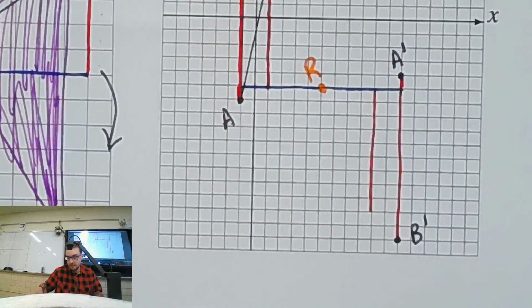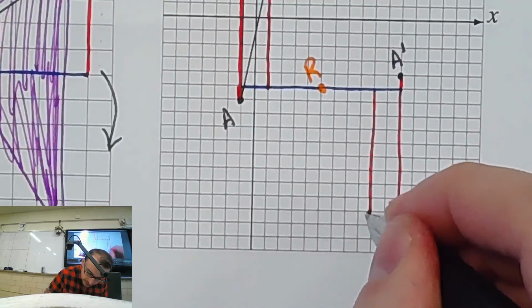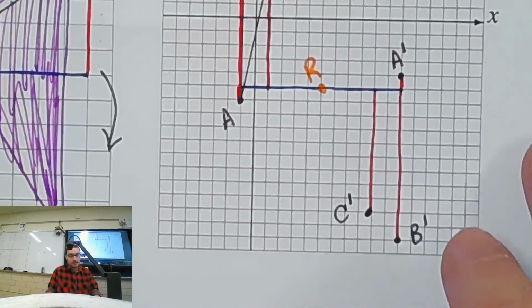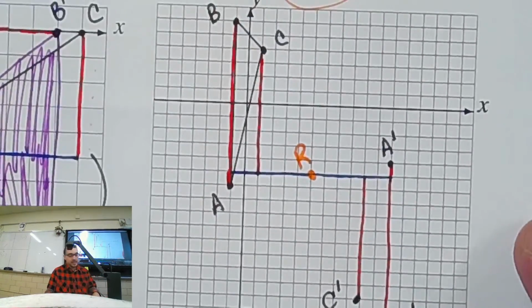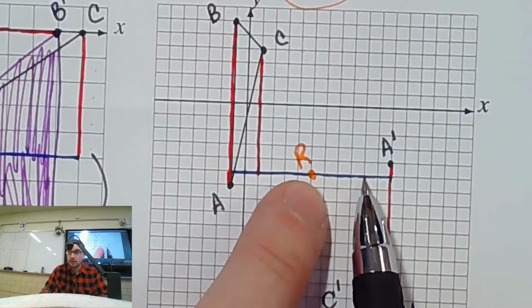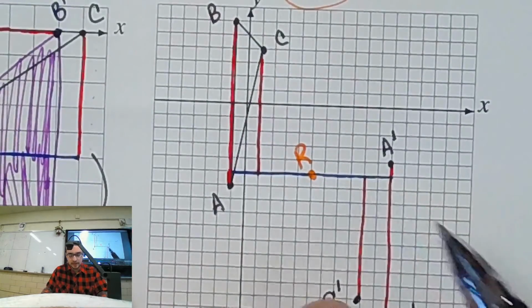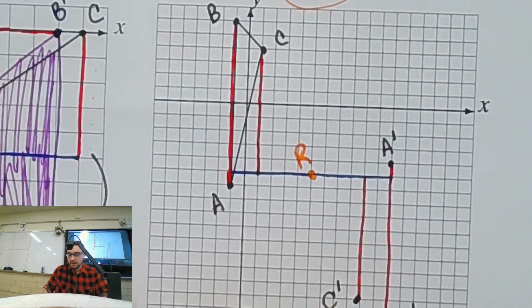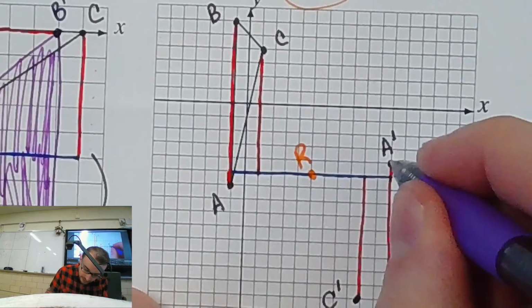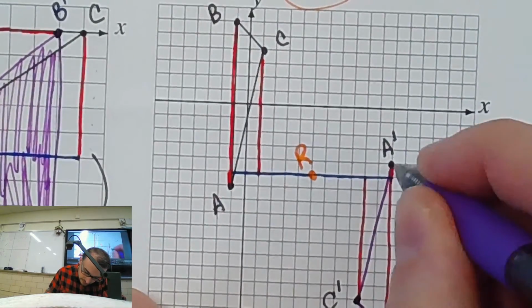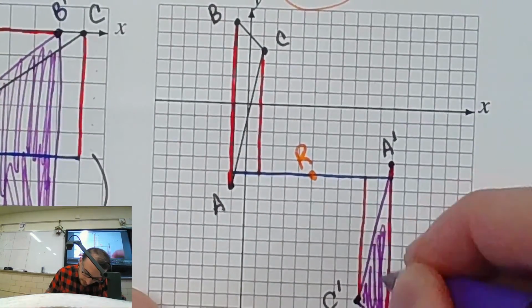So 2 less than B. There's C prime. Again, the idea, 4 to the left becomes 4 to the right. All that up becomes all that down. 9 is the number. Now let's connect our dots, and we've made our rotation. And I'll color it in, because colors are fun.